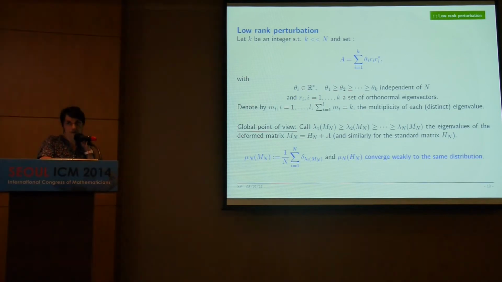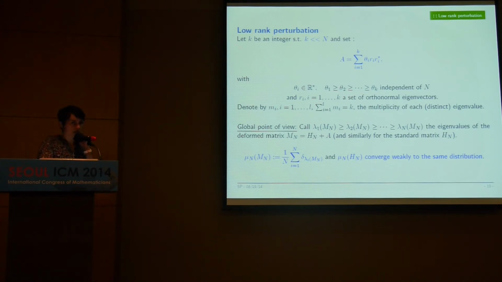They are non-zero real numbers. I need a Hermitian matrix here, and the set of associated eigenvectors too. In the following, I will also need to define the multiplicity of each eigenvalue, which will play a role in the rest of the talk, and that will be denoted by mi.